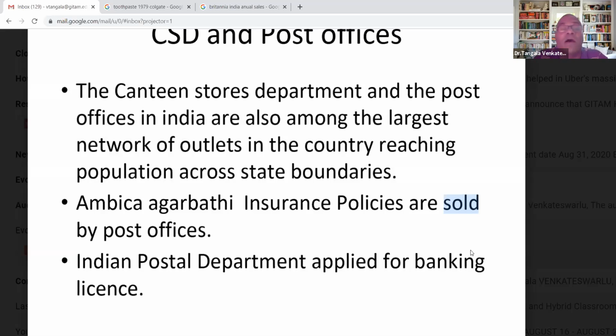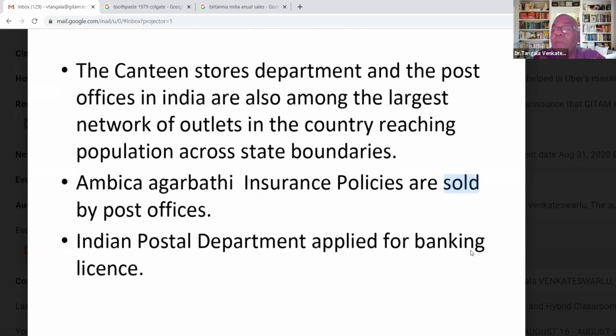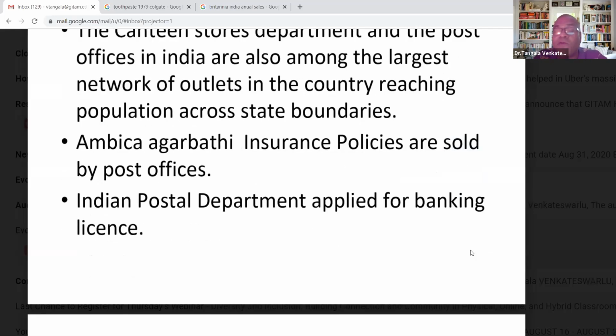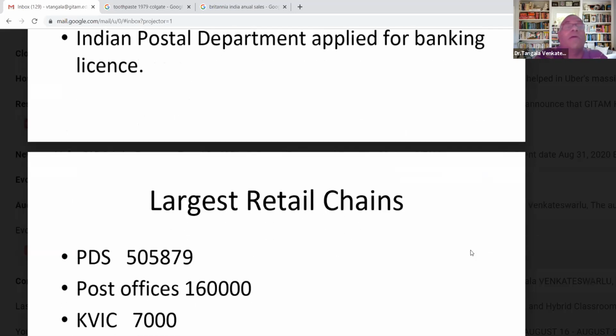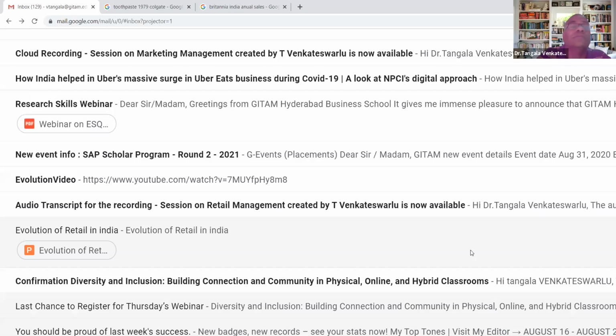For example, Ambika Agarbatti has already tied up with post offices to sell their products through the postal network. They have applied for banking licenses and are now doing banking also.